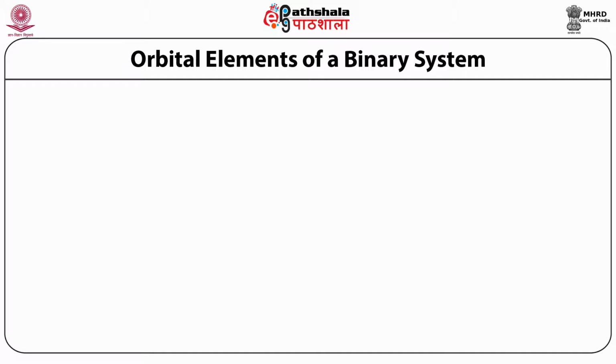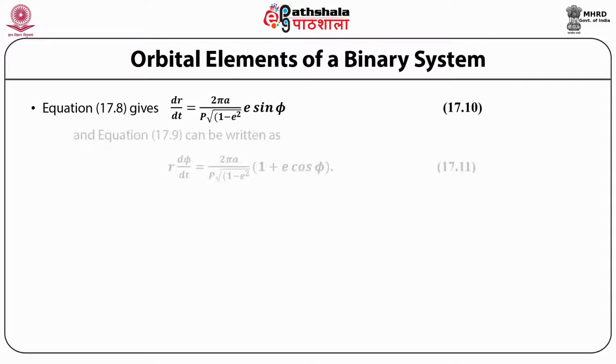So, putting the value in the equation for r, if we take the derivative of r with respect to t, then dr by dt equal to 2 pi a by P multiplied by root of 1 minus e squared multiplied by e sin phi, and then r dphi by dt can be obtained by multiplying the expression of r with the expression of dphi by dt.